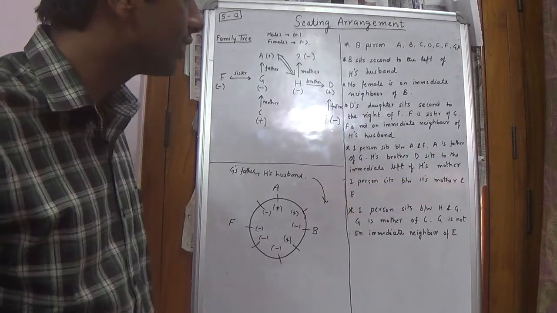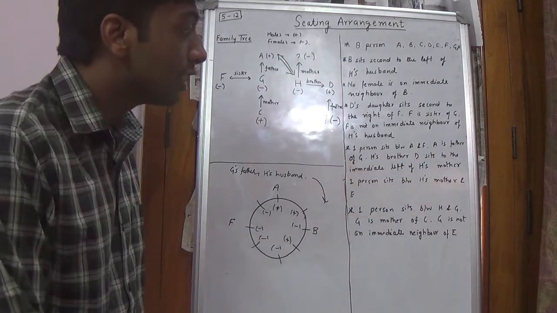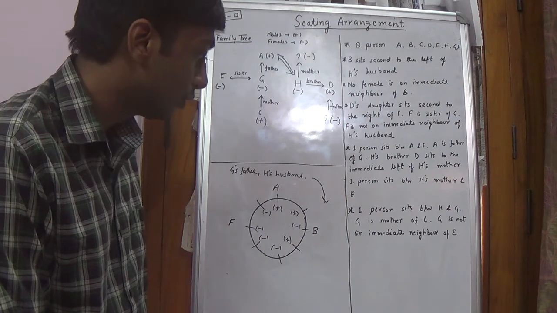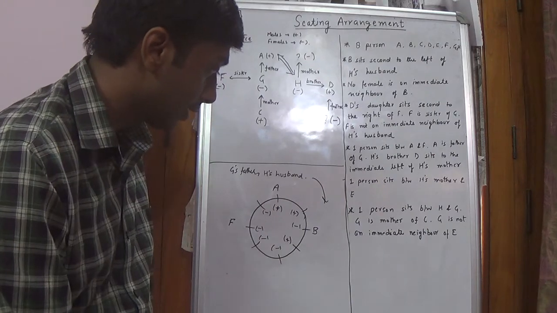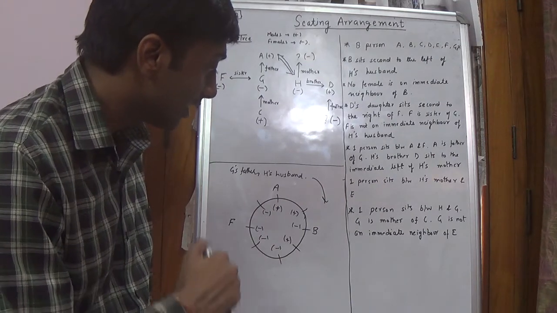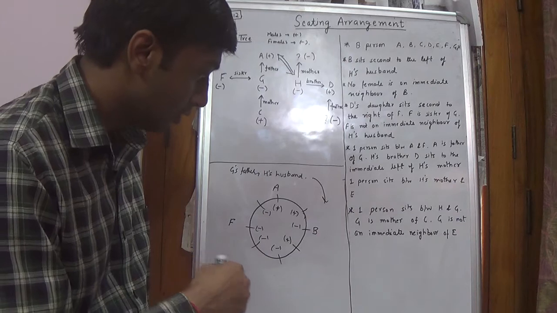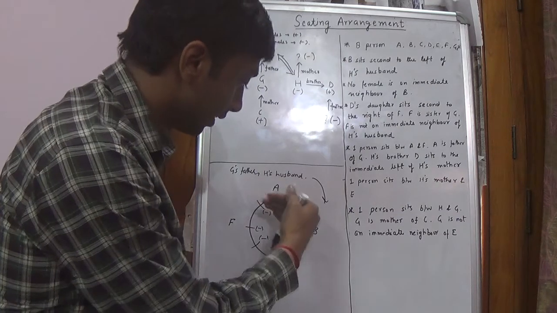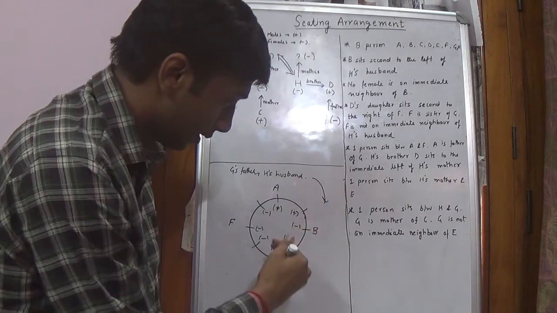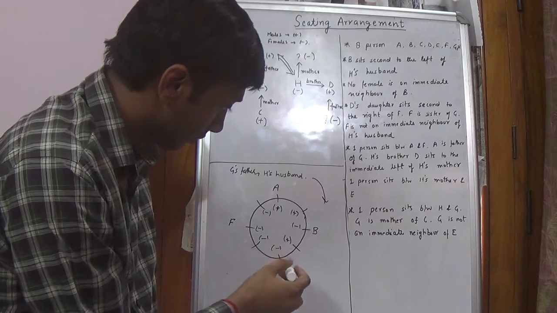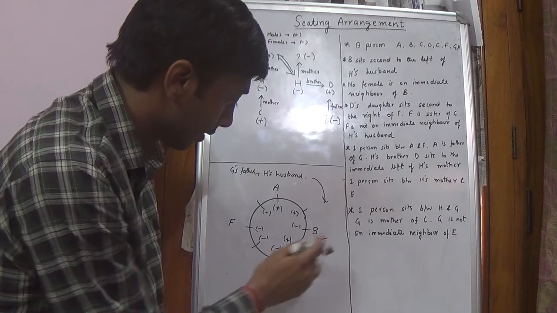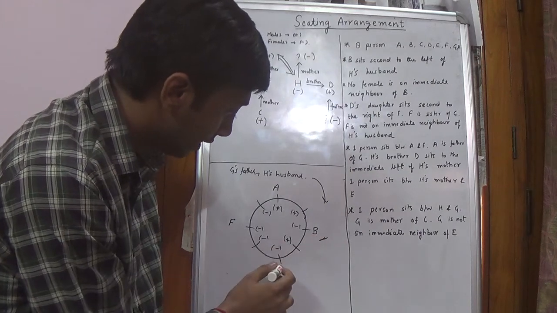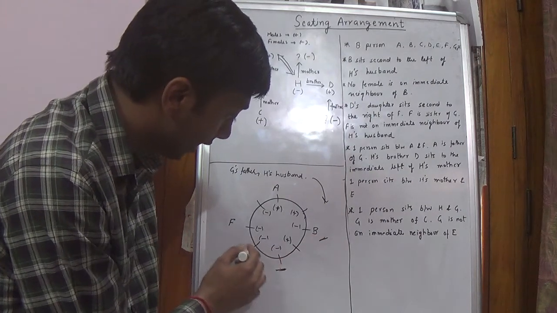H's brother D sits immediate left of H's mother. So H's brother has to be either this or this. It says H's mother sits to the left. So if I am sitting like this, the mother has to be either this or this. For this person, his left is on this side.